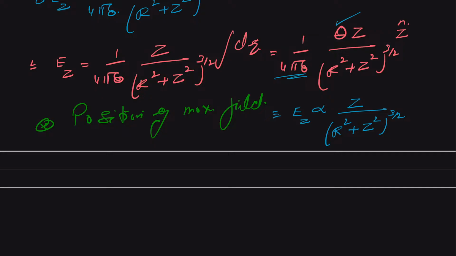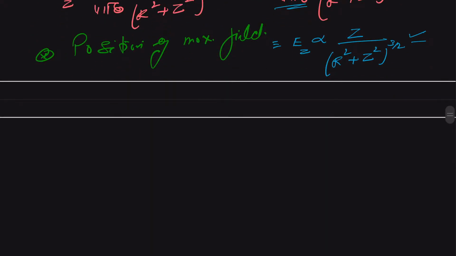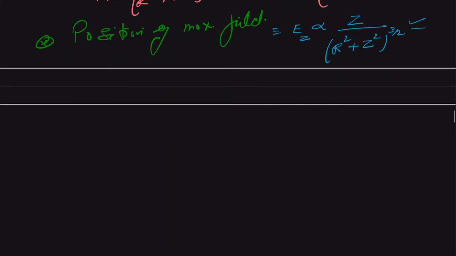So the only variable is z. So we have to maximize this term. We are going to differentiate it with respect to z and equate it to 0. That's our maximization.